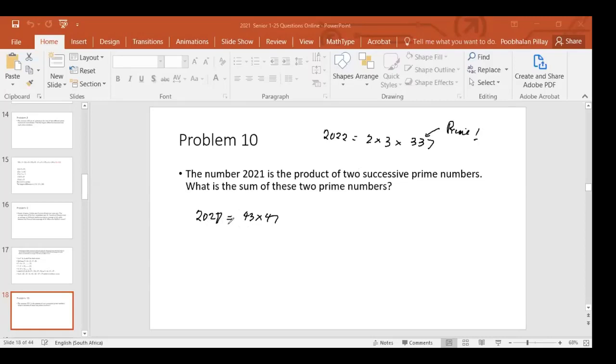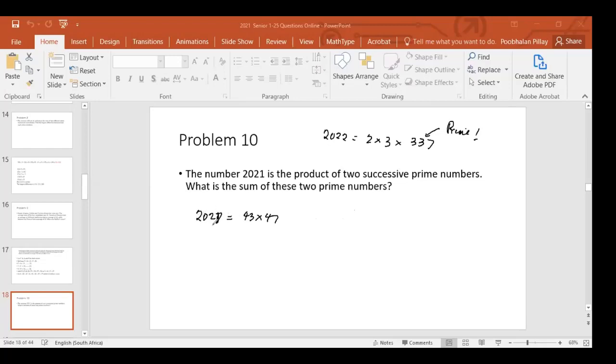Here, if you didn't know this factorization, you'll know they are consecutive primes. They are near each other. So you have to look at 2 numbers which are quite close to each other, and whose product is 2021. In other words, they are near the square root of this number.